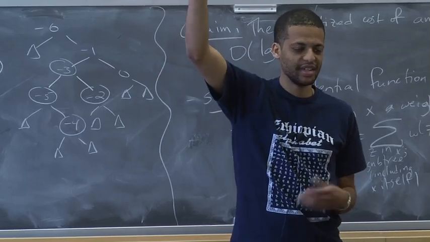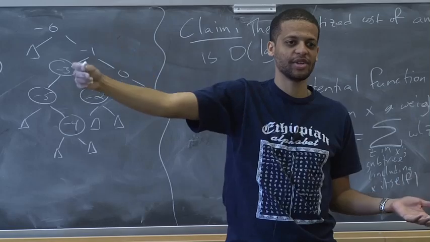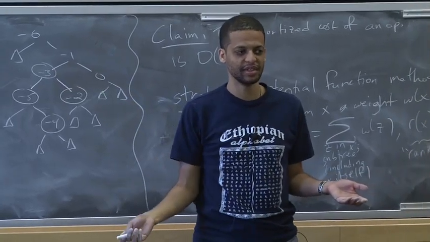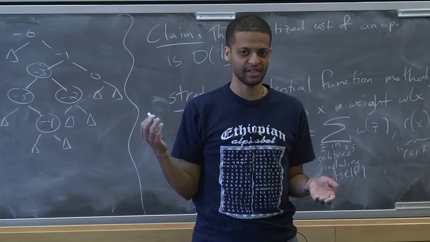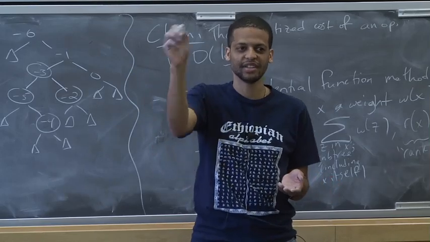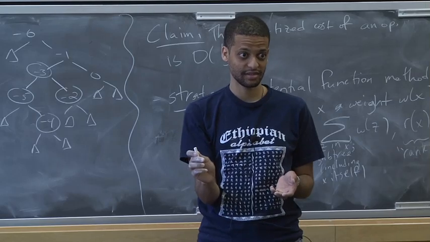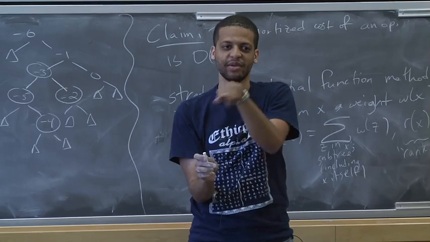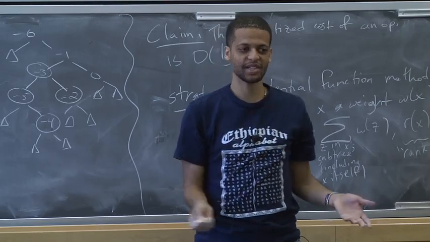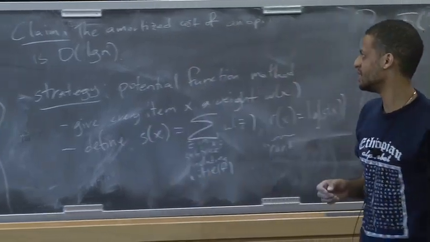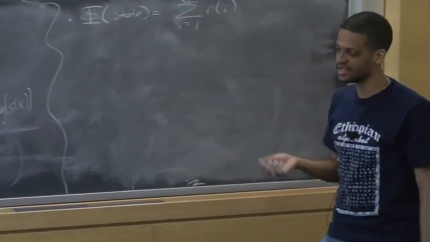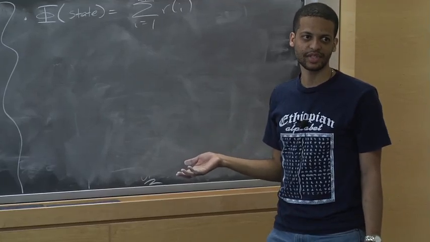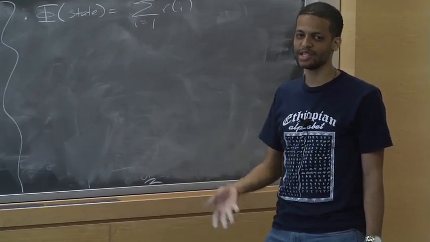And the actual cost, not the amortized cost, of splaying back up is proportional to the length of the path down to x. So we can charge going back down to x to the splay, which brings it back up. So the amortized cost of a find, for example, is just big O of the cost of splaying. So let's figure out what is the amortized cost of a splay operation.